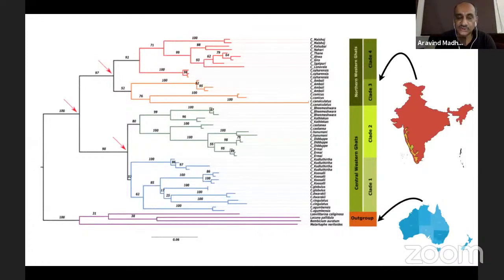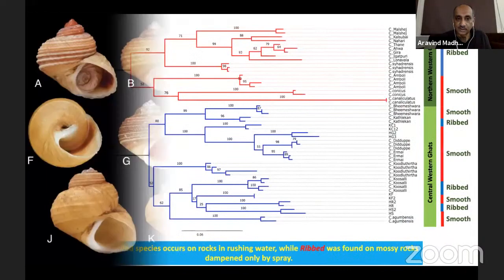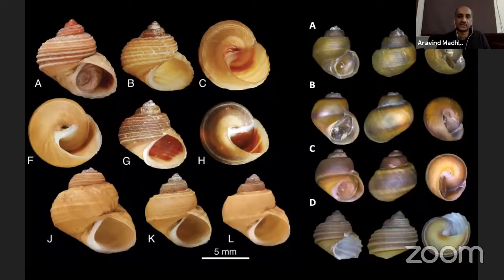So this shows that the Maharashtra group is separate from the Karnataka group. They might have evolved much earlier and diversified in these two regions and adapted to the different geology. These are some examples of Chromnoconchus you can see in our waterfalls. All of them are new to science.